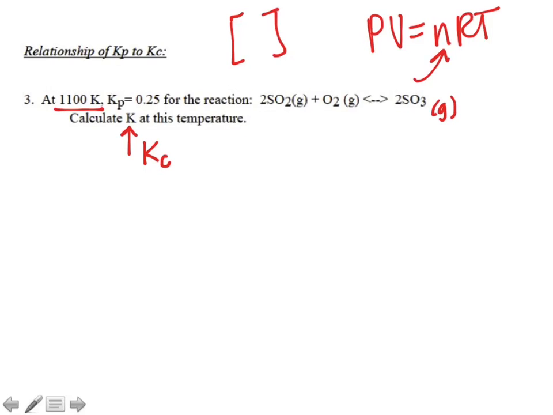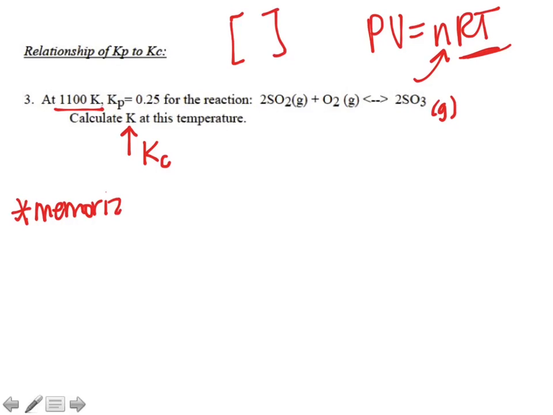Don't we have to change the temperature to Celsius? No. Okay, so here is what we are going to use, R, T, and n. So here is the equation, and you must memorize this because they do not give it to you.